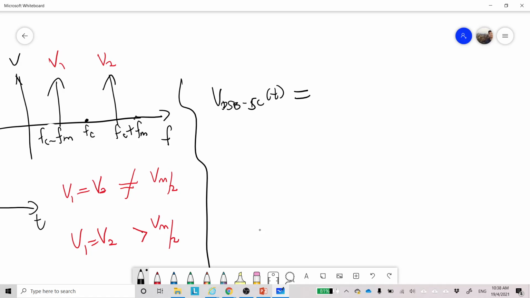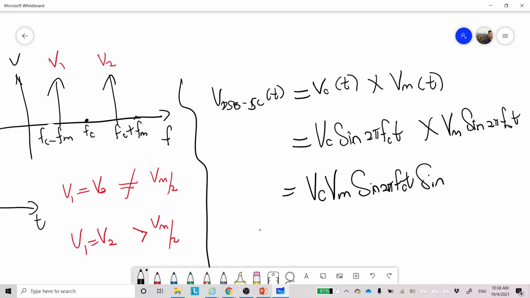So what you get from here is actually Vc Vm sine 2 pi fct sine 2 pi fmt.